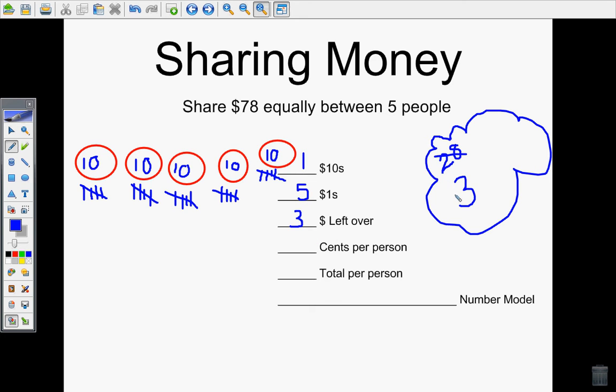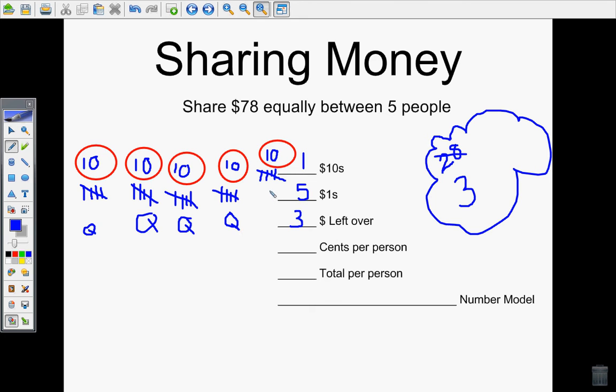Well, in each one of those dollars, I can make quarters. So I'm trying to get up to $3, and I'm going to start by giving out quarters. So there's 25, 50, 75, $1.